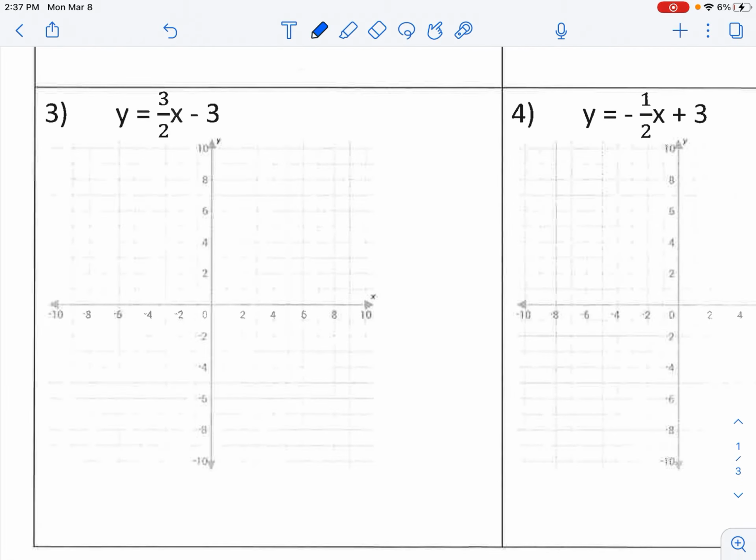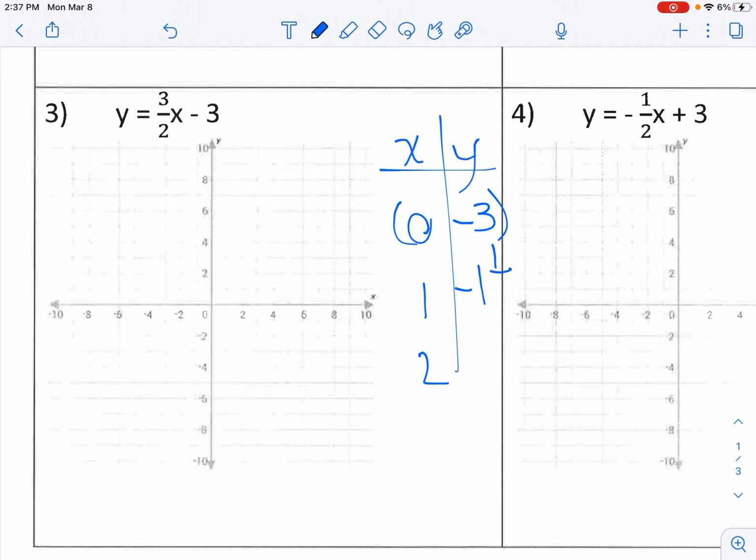Number 3, make your XY chart. Use 0, 1, and 2. Substitute. 3/2 times 0 is 0. 0 minus 3 is -3. 3/2 times 1 is 3/2. 3/2 minus 3 is -1.5. 3/2 times 2 is 6/2, which is 3, and 3 minus 3 is 0.